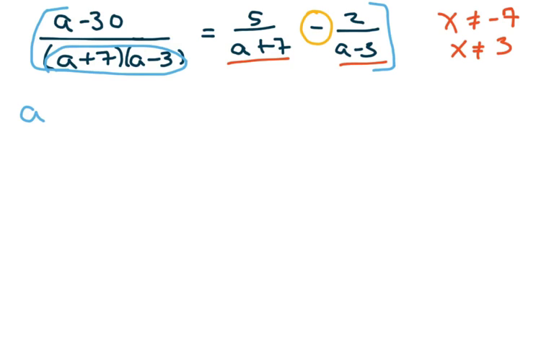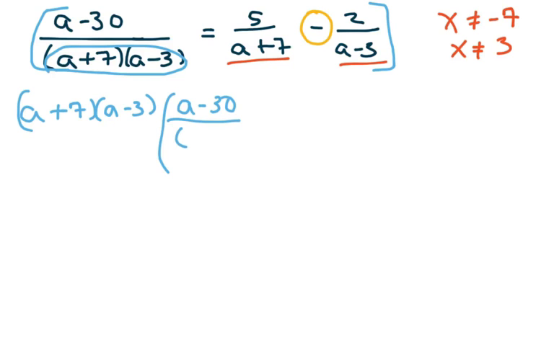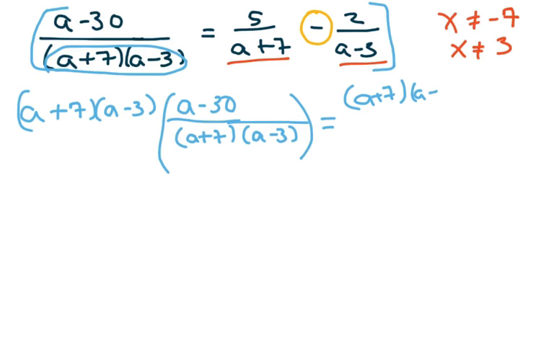So we're going to multiply both sides of the equation by a plus 7 times a minus 3 times this, a minus 30 over a plus 7 times a minus 3, equals a plus 7 times a minus 3 times, I'm going to squeeze it in here, 5 over a plus 7 minus 2 over a minus 3.